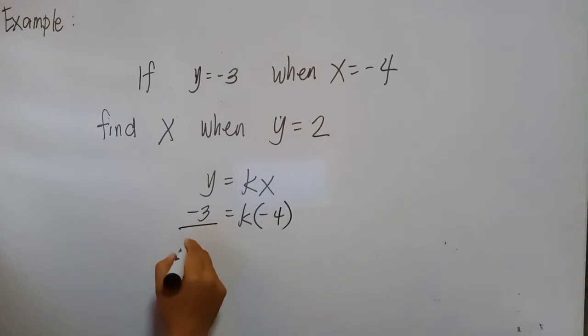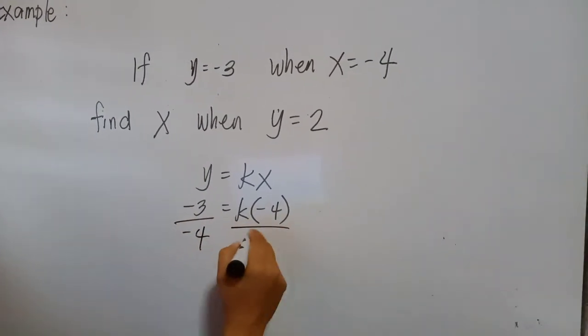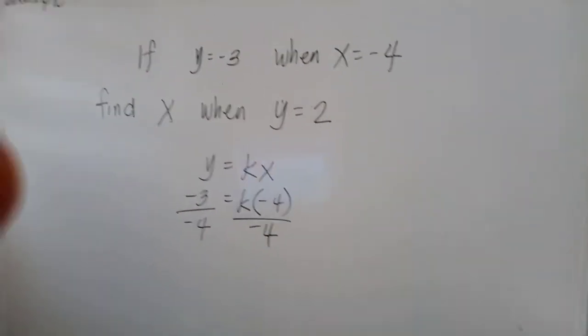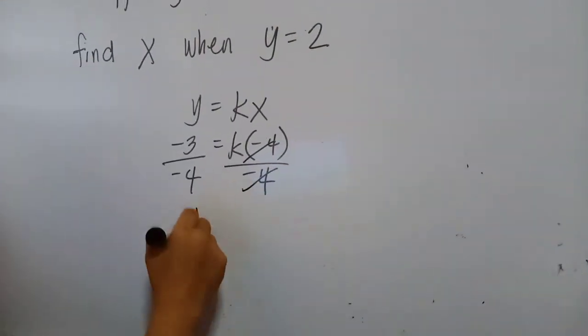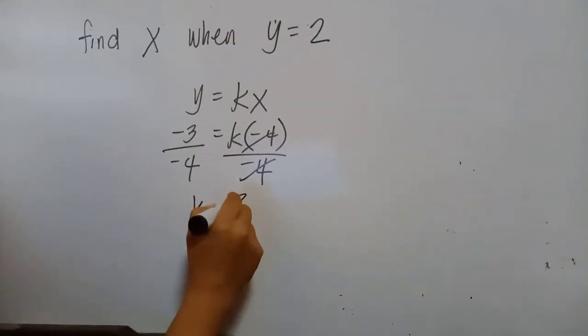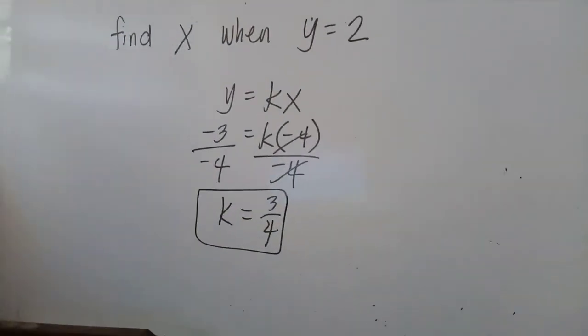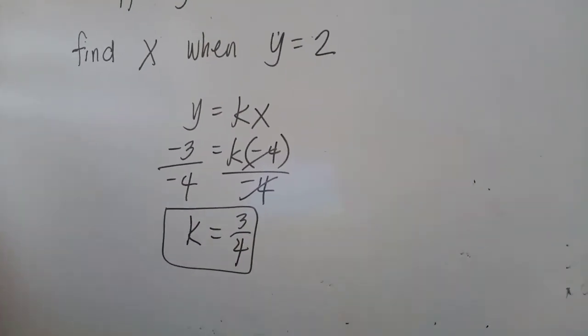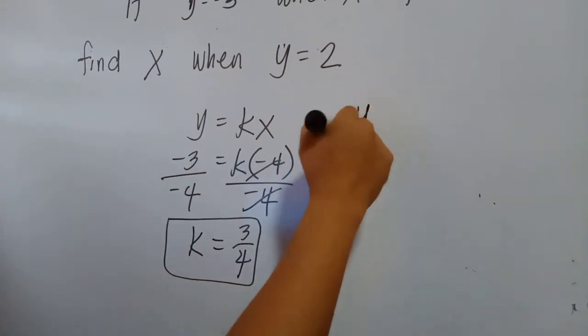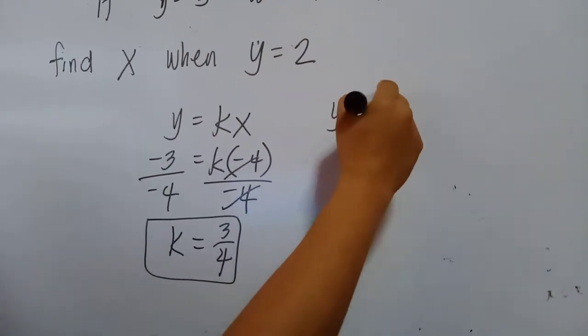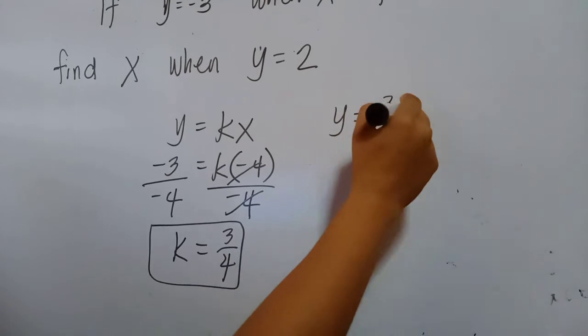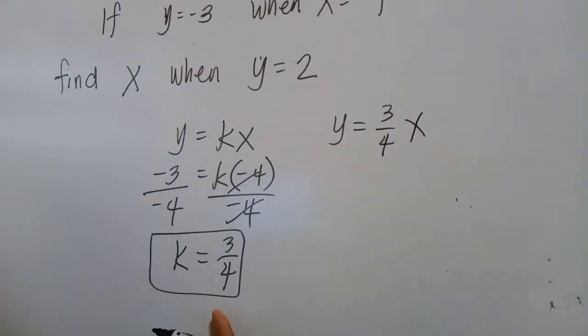Dividing both by -4 will give us k equals 3/4. Okay, so we have a fraction value for our constant, and our equation will be y equals 3/4 x since our k is 3/4.